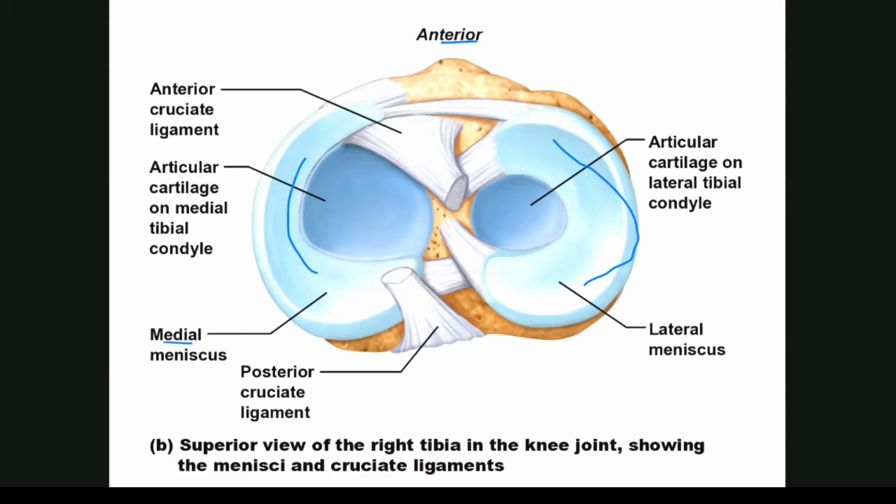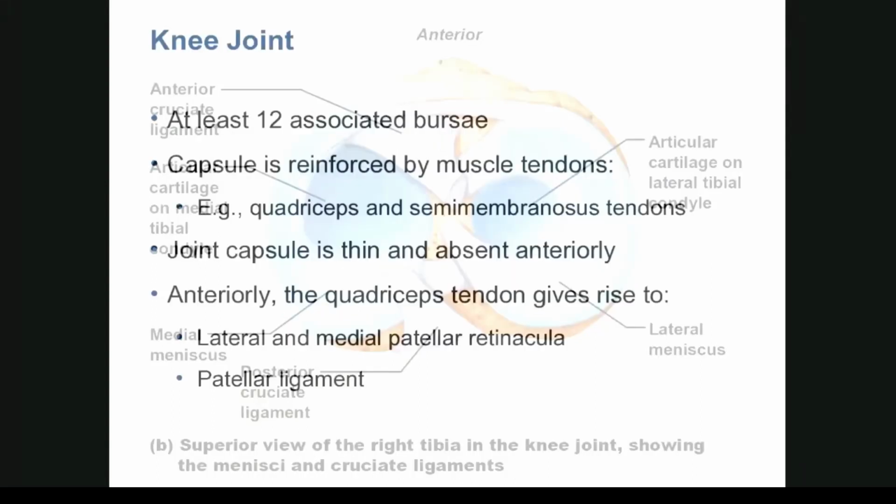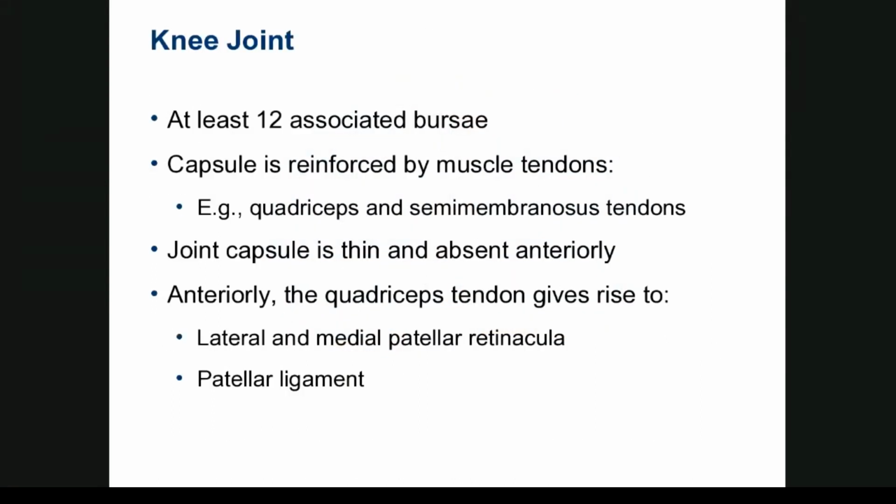And what they do is they pad and fill in and make that joint fit properly. Now here you see your posterior and anterior cruciate ligaments, and they prevent backwards to forwards movement. Also, there's at least 12 bursa. We have muscle tendons. Okay, the quadriceps and semimembranosus tendons reinforce the joint.